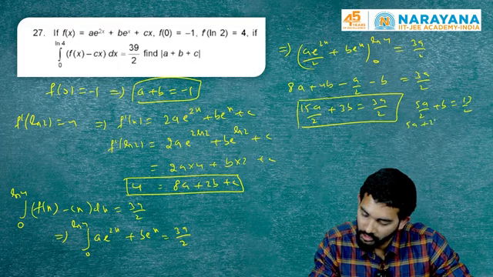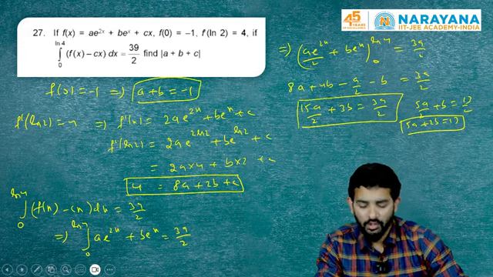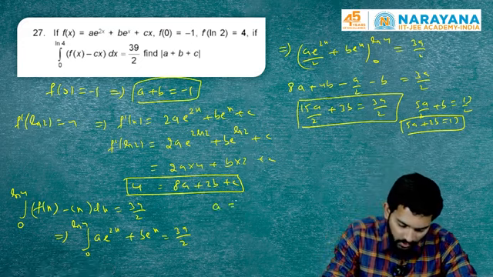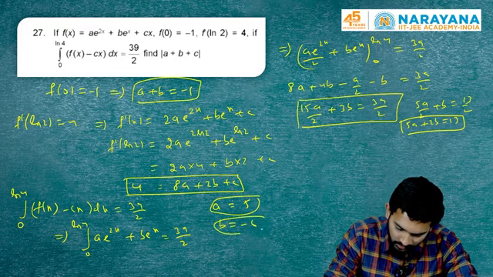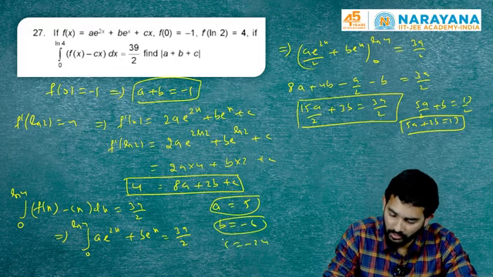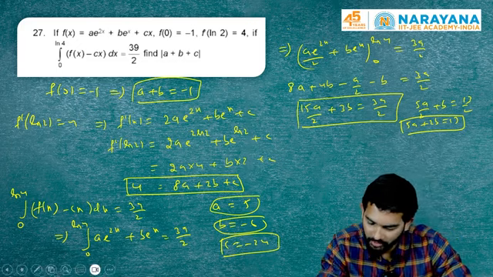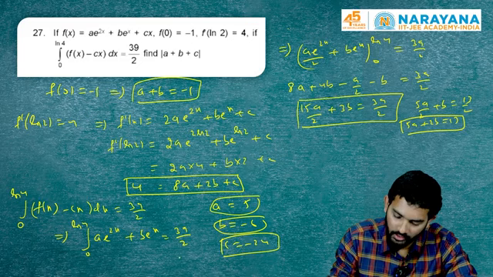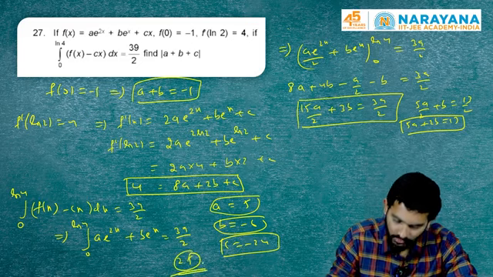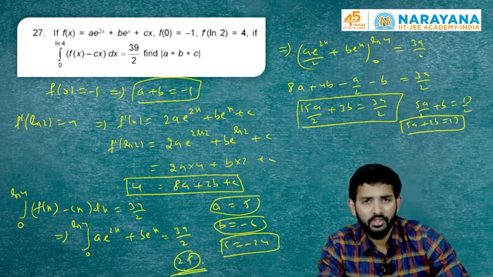So 5a plus 2b equal to 13. So three equations, three unknowns. If you solve these things, you are getting a value as 5, b value as minus 6, and c value as minus 24. He is asking a plus b plus c, which will be 5 minus 30, and modulus of that, which will be 25. 25 is the answer. Three equations, three unknowns.